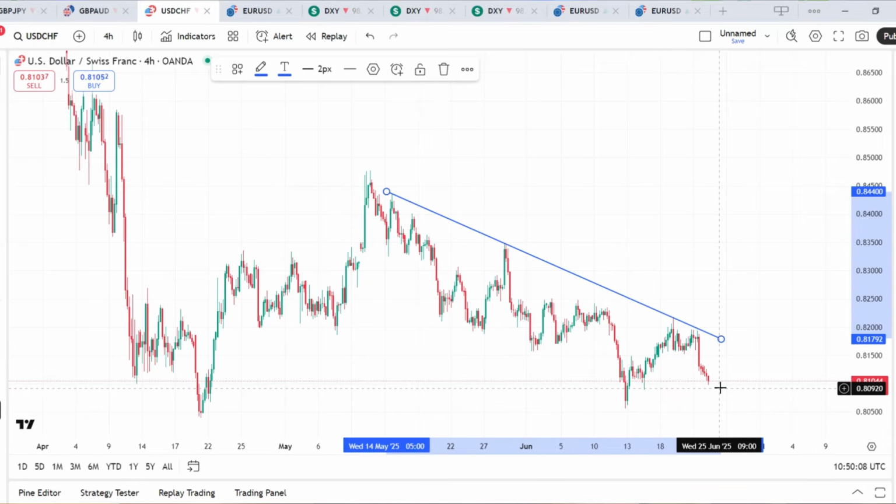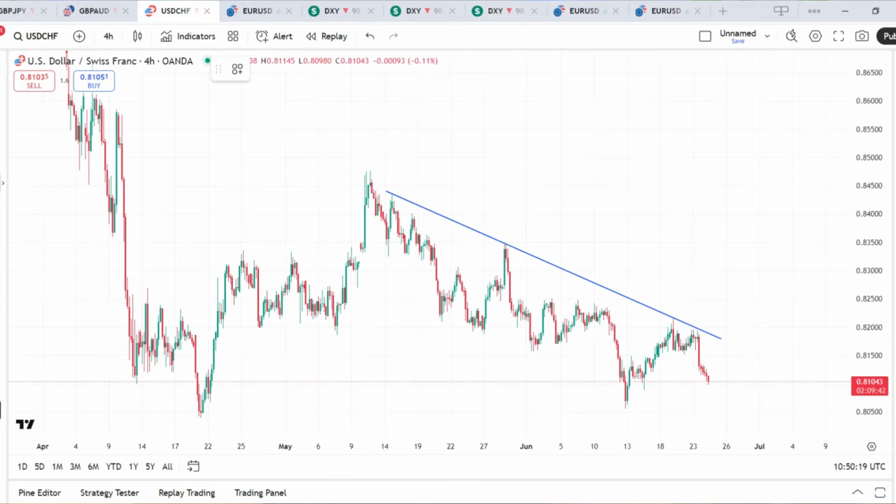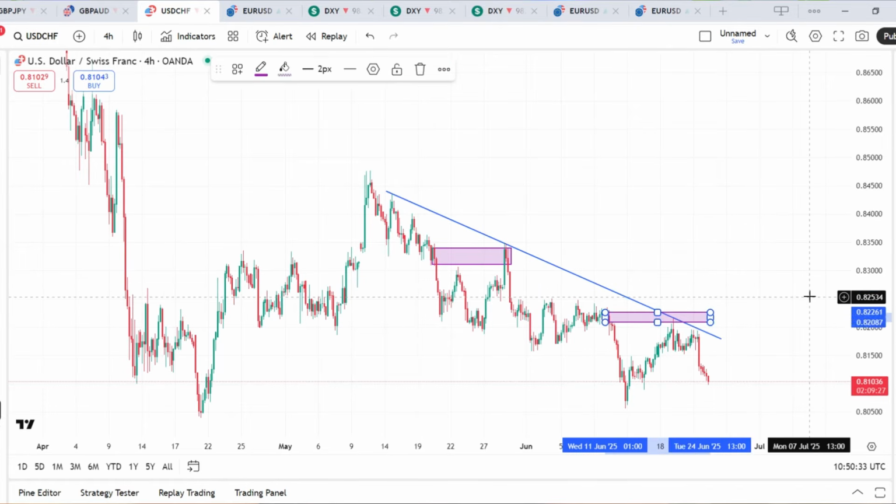And one major thing, why when we say a trend line is a continuous support and resistance, or a trending, as you can see, yes, there is a trend line. But the reason why that is being respected is because we have a resistance here, right? The reason why this price was respected is we have a resistance here.